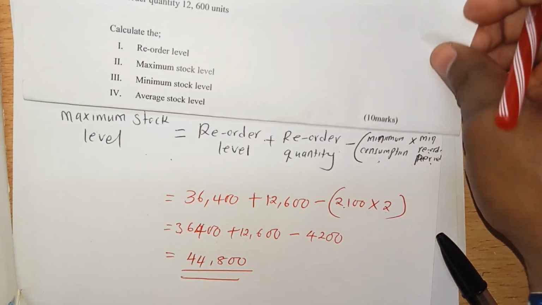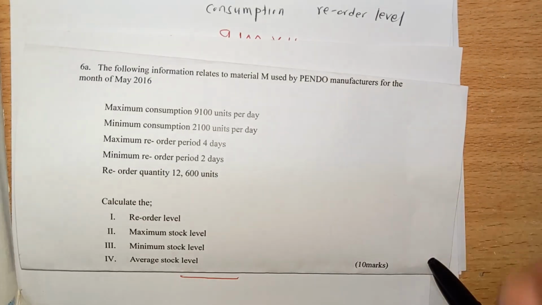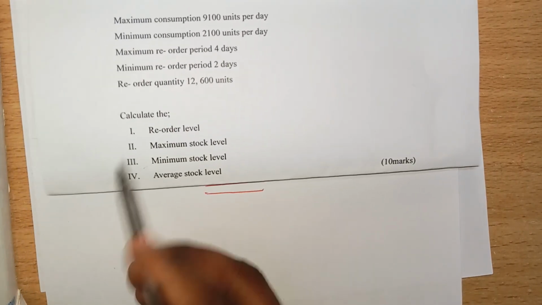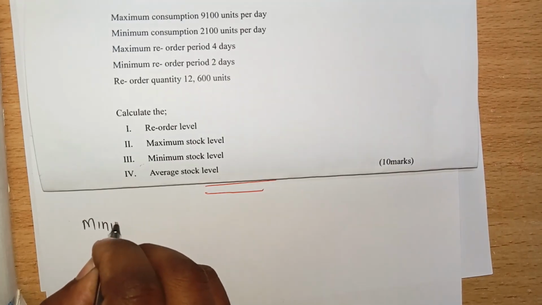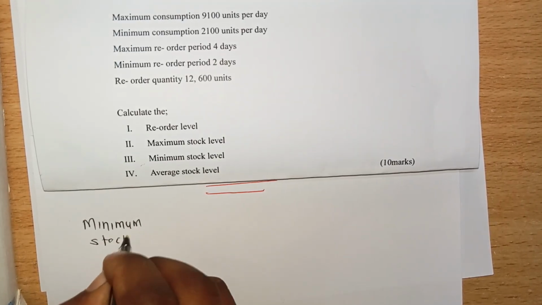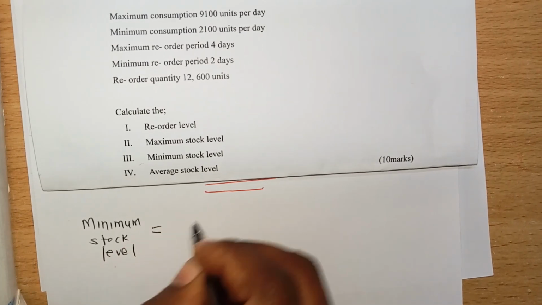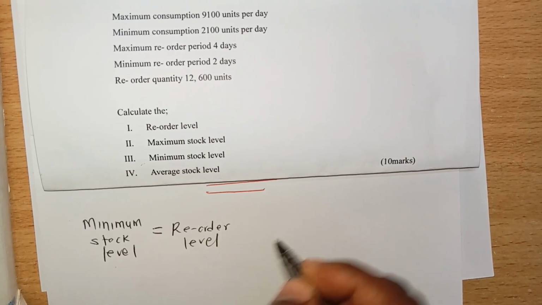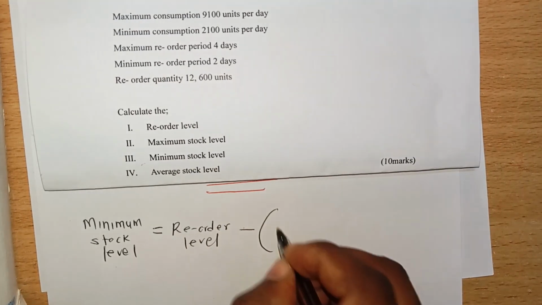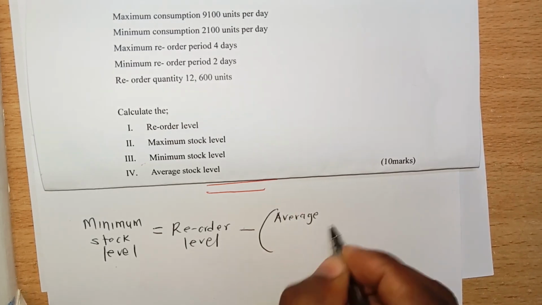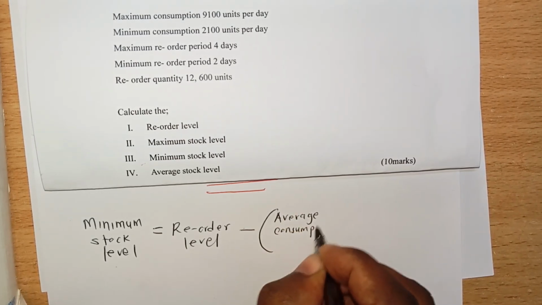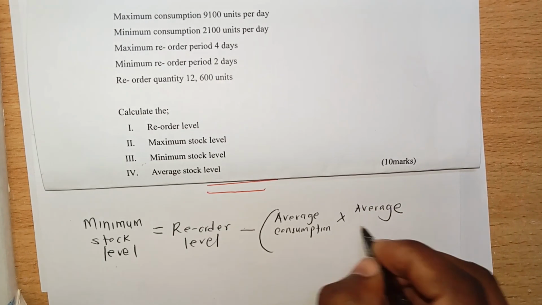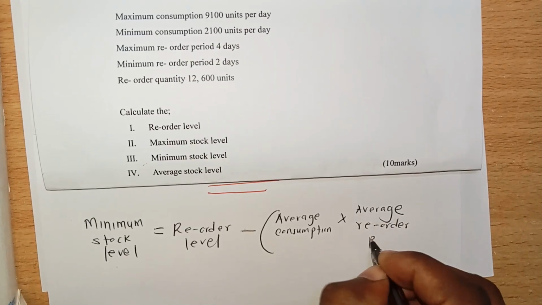Let us now proceed to the third part of that question, and it says we find the minimum stock level. Minimum stock level is given as the reorder level, you less, open the bracket, average consumption, multiplied by the average reorder period.